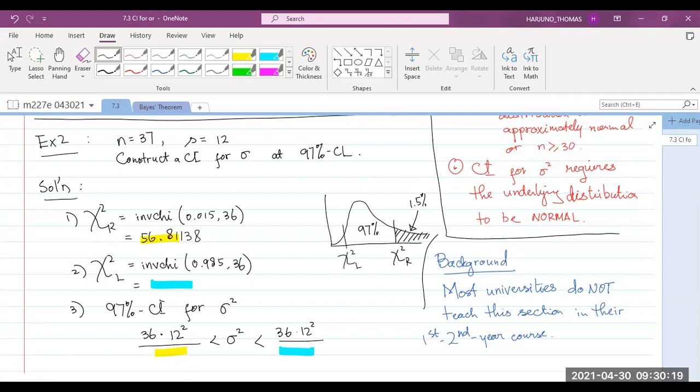And then chi-squared left, 0.985, area to the right, degree of freedom 36. I get 16 counts to get this number on my handheld calculator.